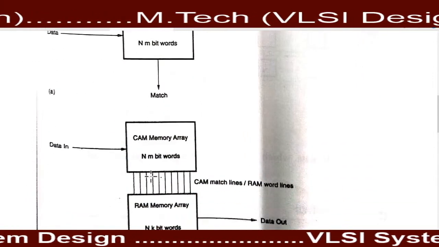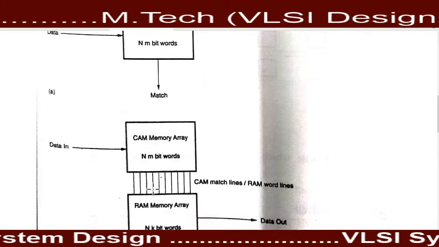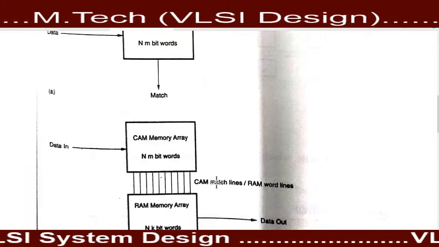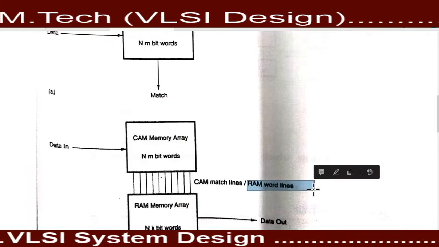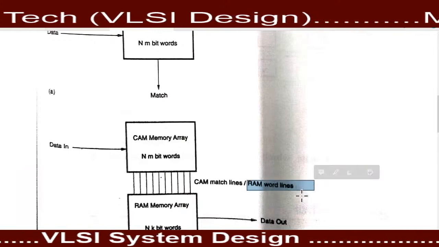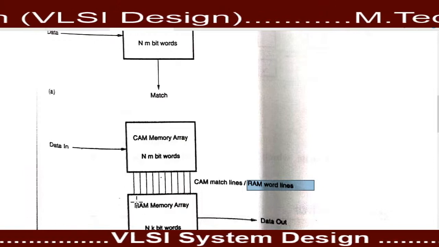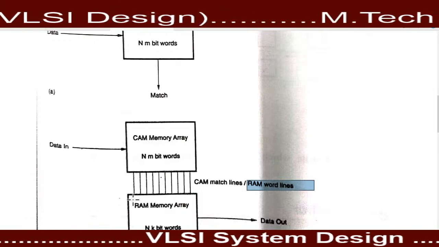Now this match signal is provided as an input. This match signal is nothing but a RAM word line. Now this RAM word line is provided to a RAM memory cell.